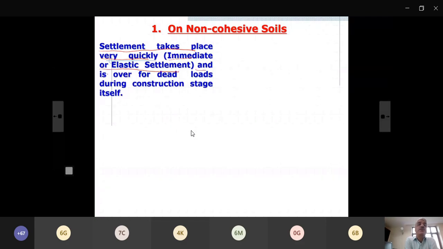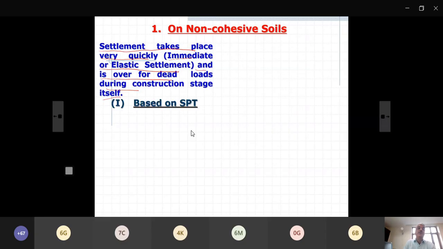And it is over for dead loads during construction stage itself. Dead load settlement is already over by the time your construction is over. After that, only live load settlement will happen.